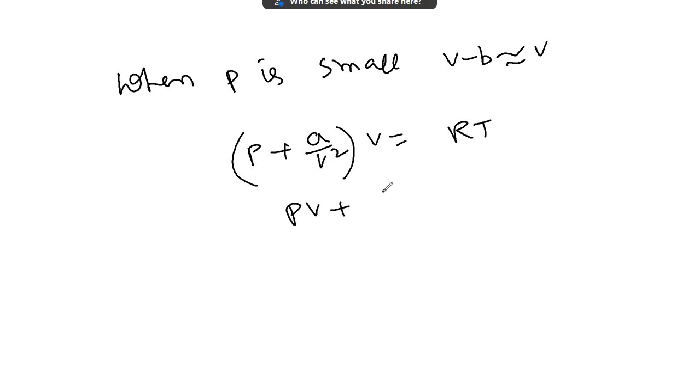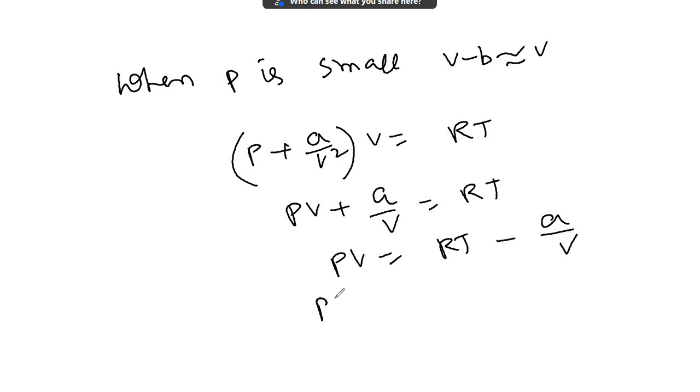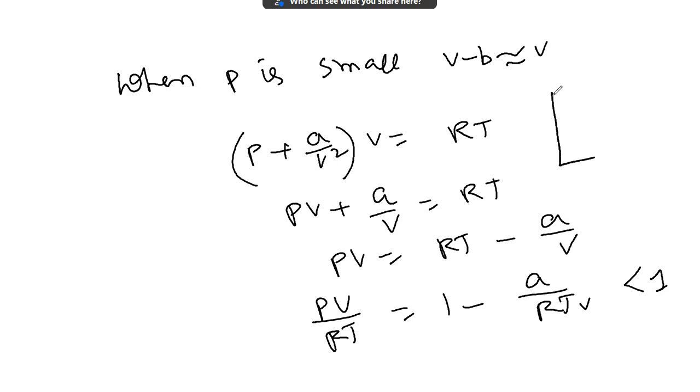So PV plus A by V equals RT. PV equals RT minus A by V. So PV by RT is 1 minus A by RTV, which is less than 1. Hence, the compressibility factor at low pressure first decreases, becomes a minimum, then increases with increasing pressure. This is case 2.